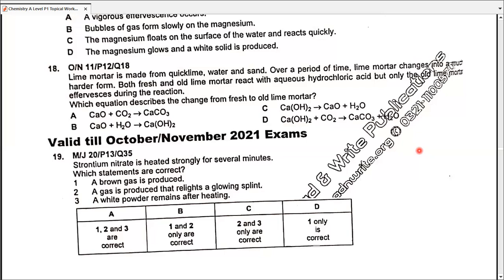Which equation describes the change? It's made from quicklime and water.